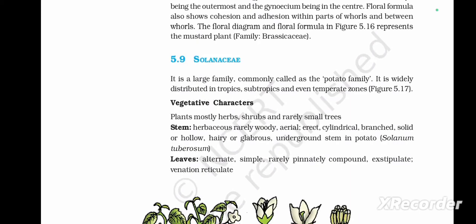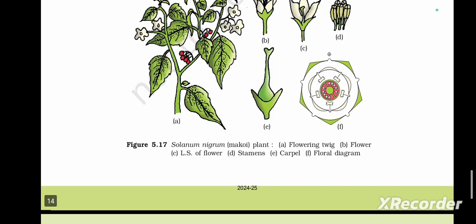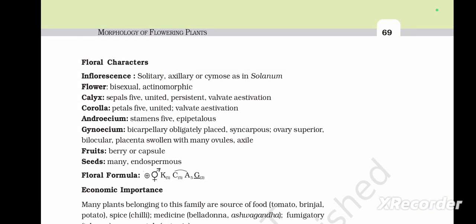Leaves. Leaves are alternate, simple, rarely pinnately compound, exstipulate, venation reticulate. Floral characters. Inflorescence is solitary, axillary, or cymose as in Solanum. Flower is bisexual, actinomorphic. Calyx: sepals are 5, united, persistent, valvate aestivation.